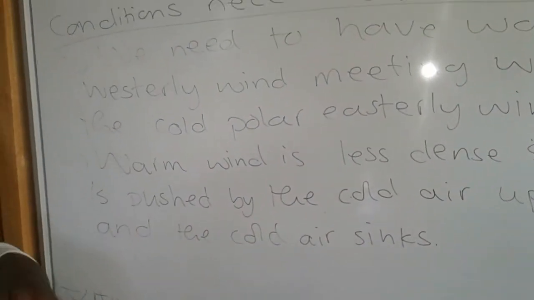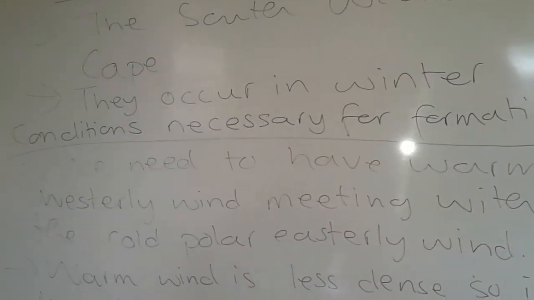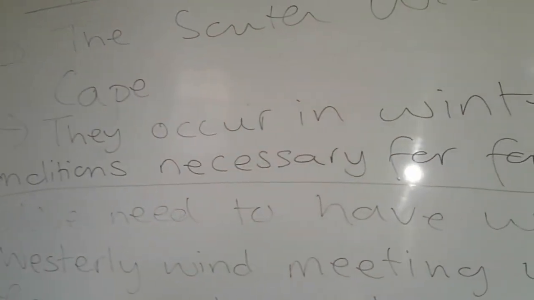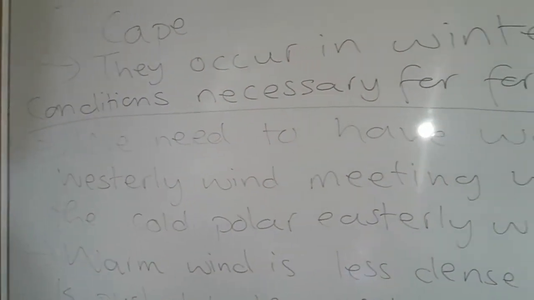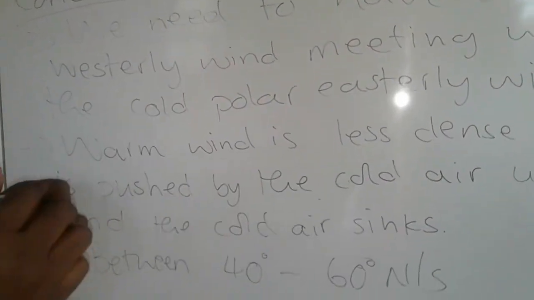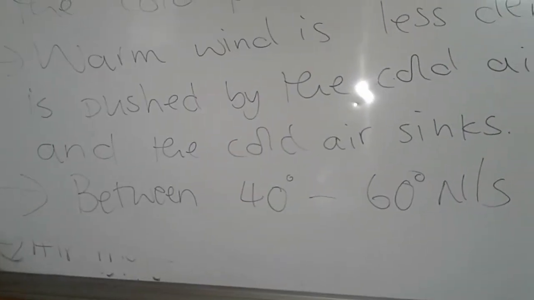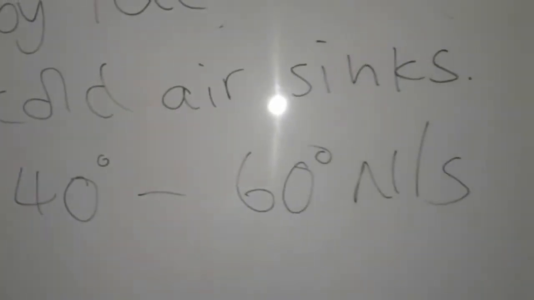These are the conditions necessary for formation, and obviously it has to be between 40 degrees to 60 degrees north or south of the equator. In some books you'll see they also mainly specify 50 degrees north or south of the equator.